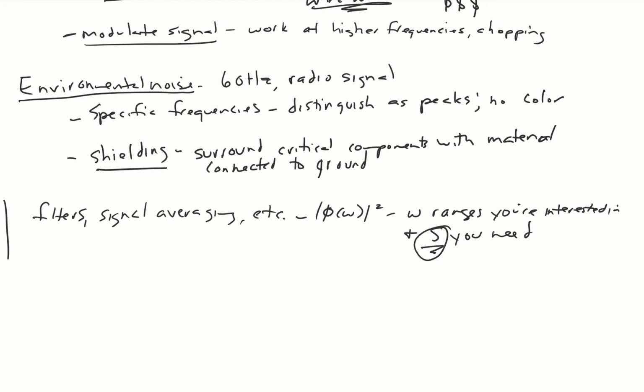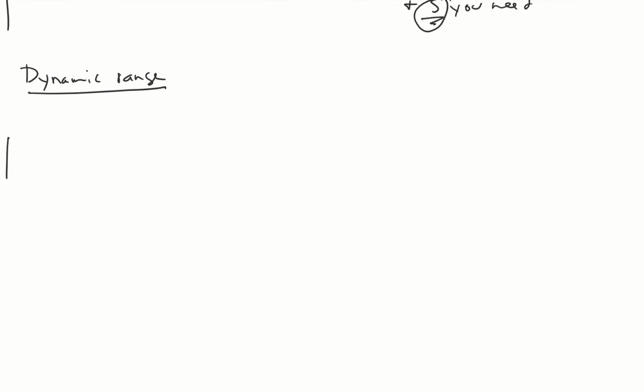And a way to characterize what ranges of signals that you can detect, the degree of your sensitivity of your instrumentation to detect different signals, is characterized by something called a dynamic range. So this is the last portion that I want to get into related to the noise.